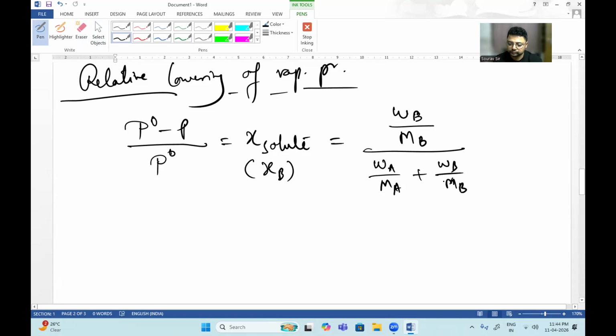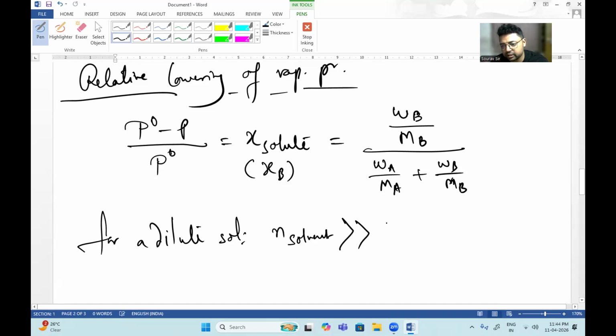Understood? Clear? Now, if we are making a very dilute solution, for a dilute solution, number of moles of solvent will be greater than number of moles of solute.